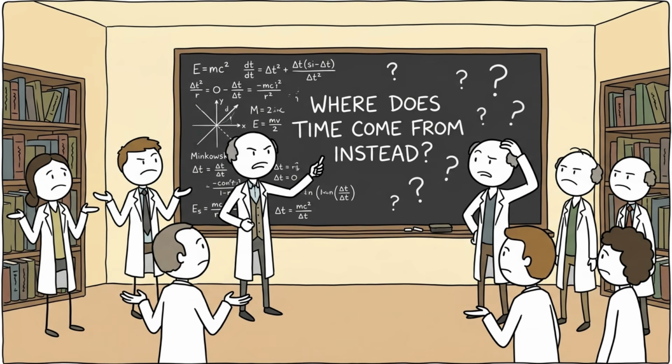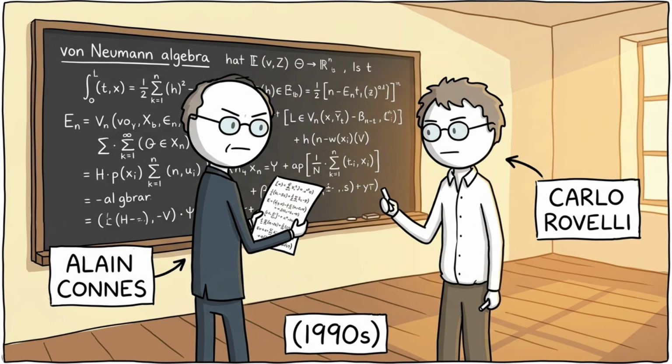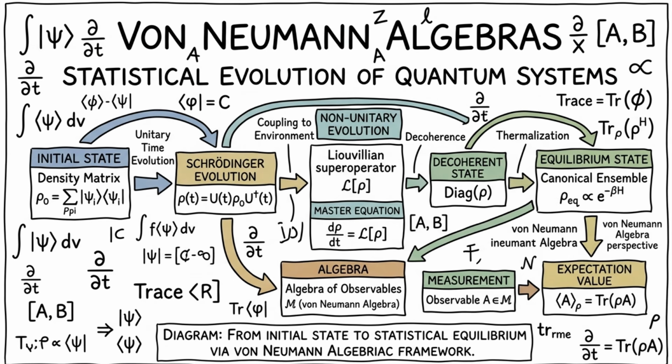If time isn't fundamental at the level of the universe's equation, some physicists asked where it comes from instead. Number 8, the temperature of time itself. In the 1990s, mathematician Alain Connes and physicist Carlo Rovelli weren't trying to reinvent time. They were studying von Neumann algebras, an obscure corner of mathematical physics, looking for structure in how quantum systems evolve statistically.